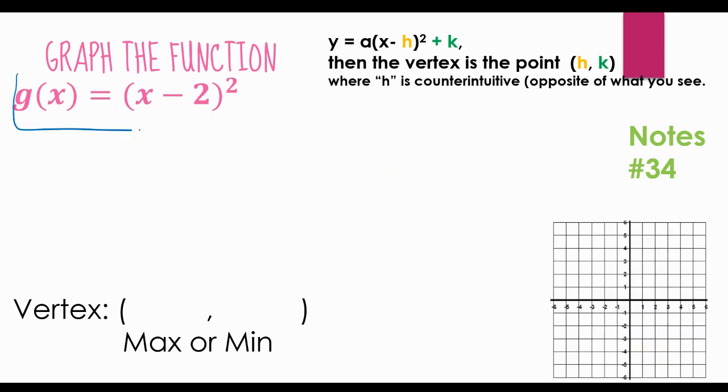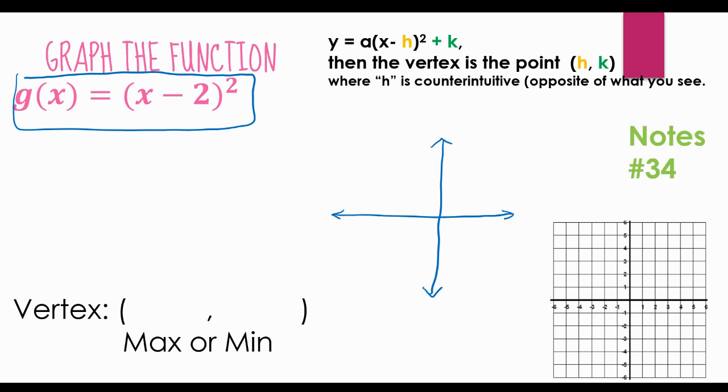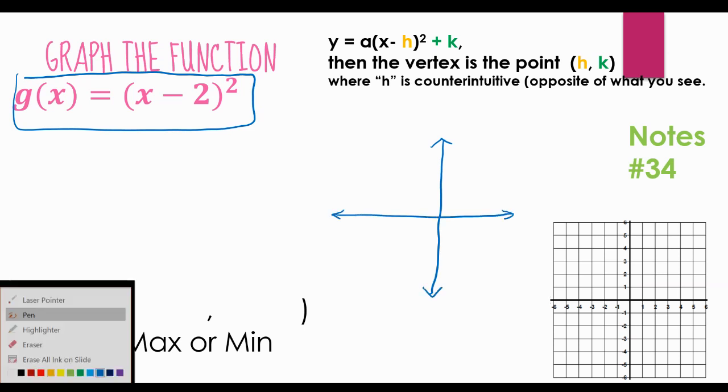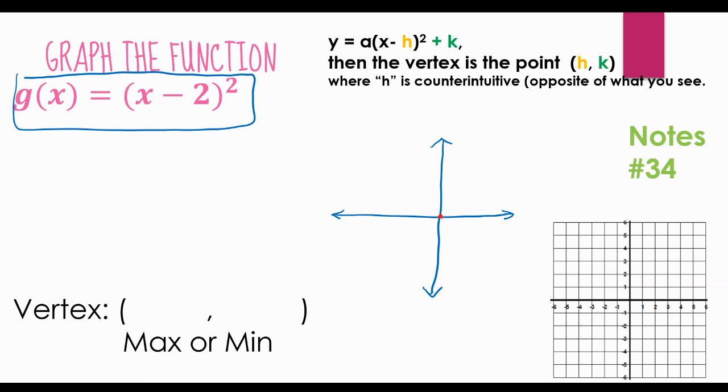Please write down this function right here. Draw out a graph. I'm going to put my parent function dots here. It's normally at 0, 0, 1, 1, -1, 1, 2, 4, -2, 4. So those are our parent function dots.